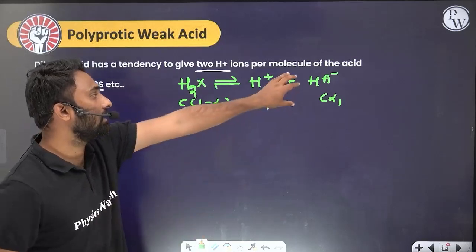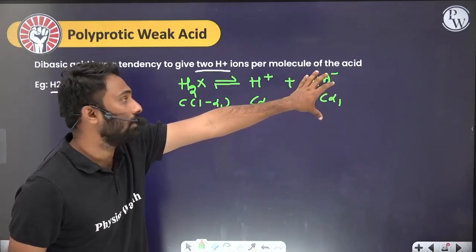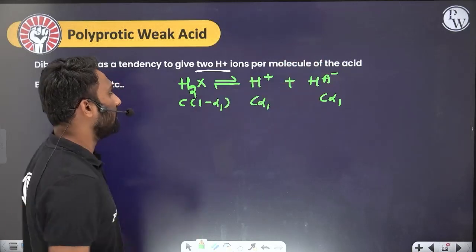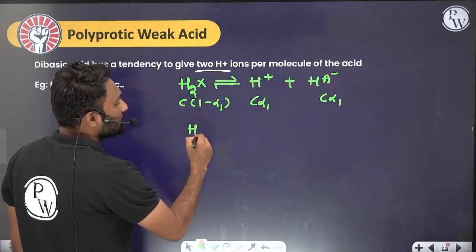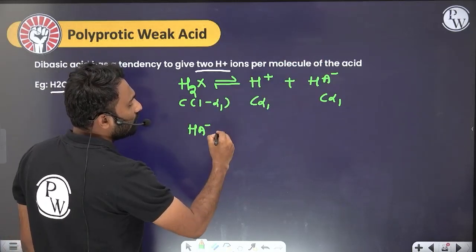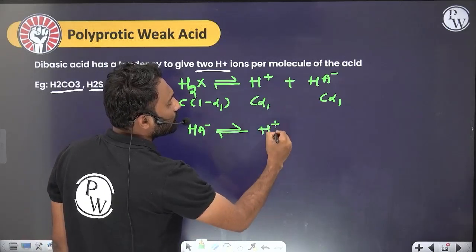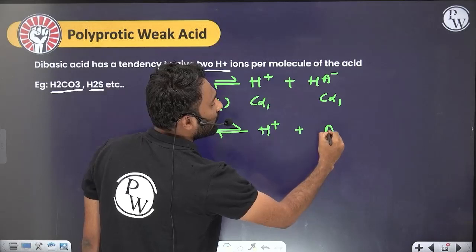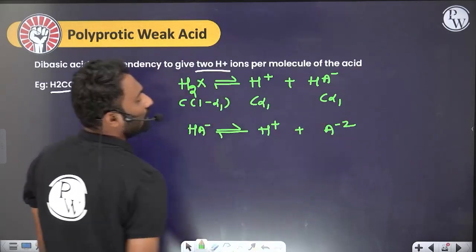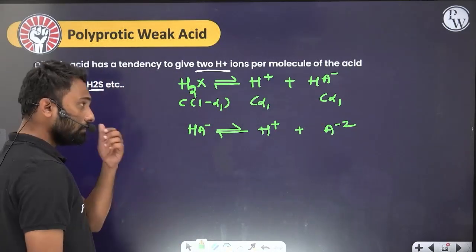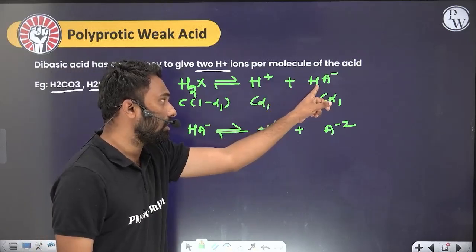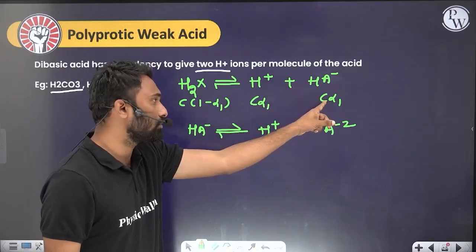Then there is another H plus: this conjugate base dissociates again. It will give H plus and again form X minus 2. Here the conjugate base's initial concentration is C alpha 1.